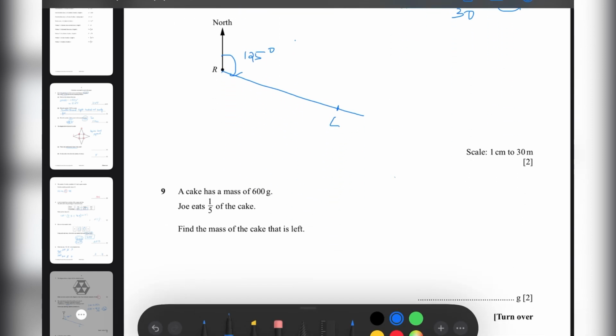now we'll see the next one. A cake has a mass of 600 gram and Joe eats 1/5 of the cake. What is the mass left? Now you have to understand that she has eaten 1/5 of the cake. Out of 5, one part has been eaten. So what is the remaining? It's 4 out of 5. Always remember, this is the remaining, into 600. 5 ones are 120.